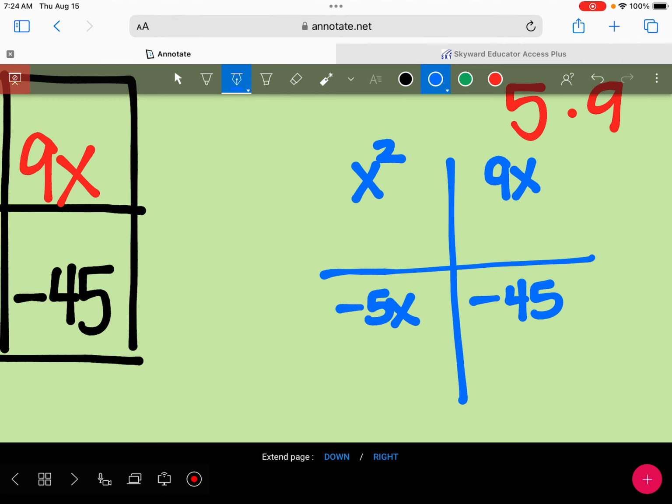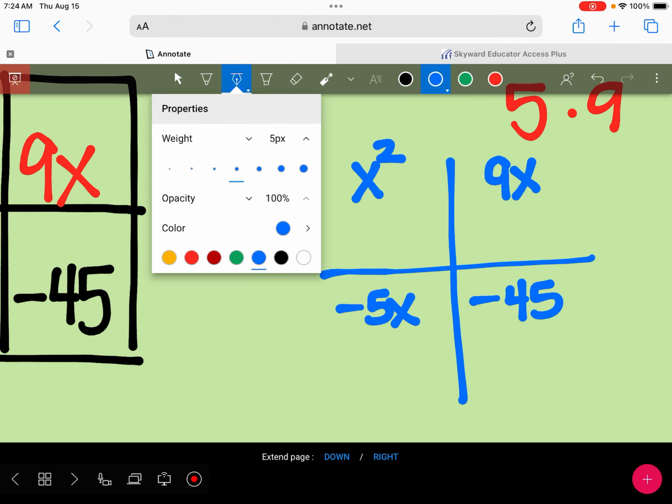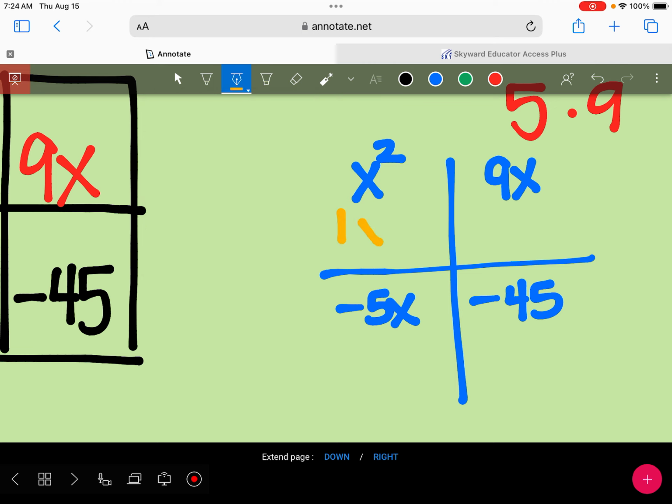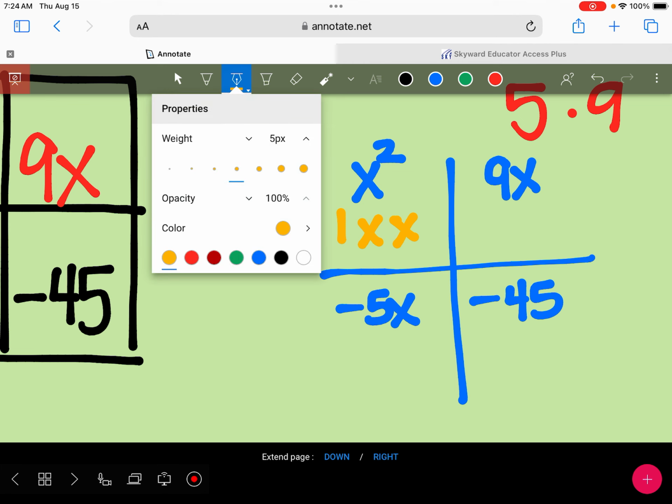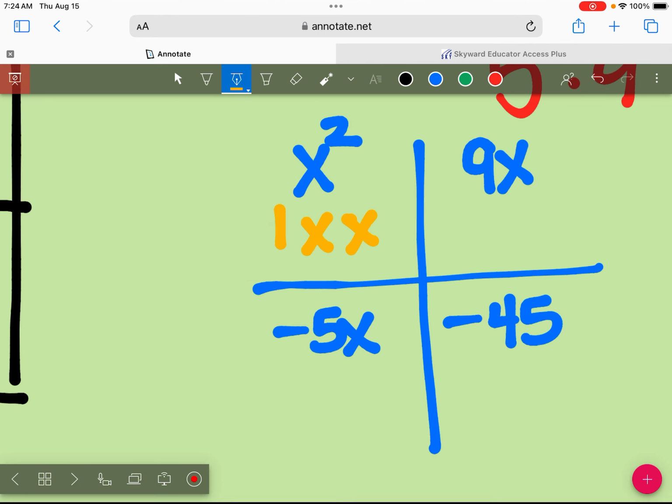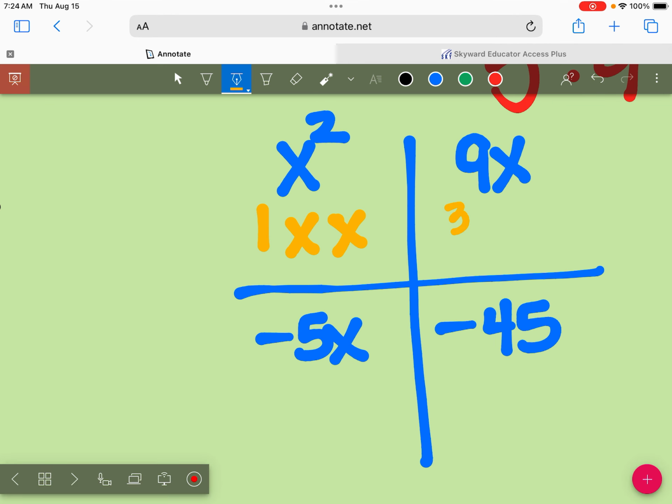So I'm going to go ahead and write what you really have in each box. So in this box, you have a 1, an x, and an x. In this box, you have either 3 times 3 times x, or you have 9 times 1 times x.